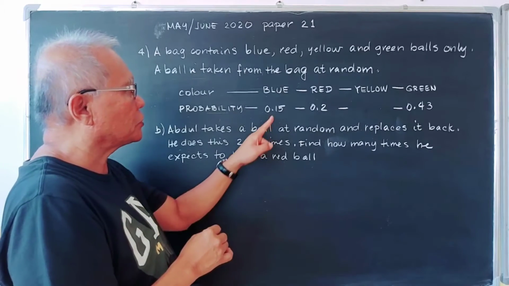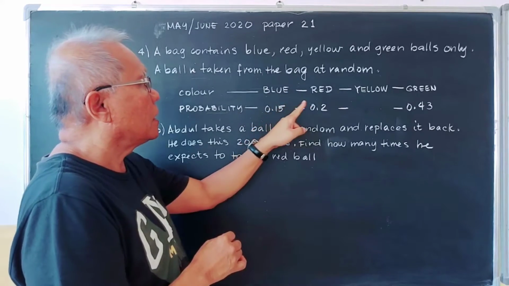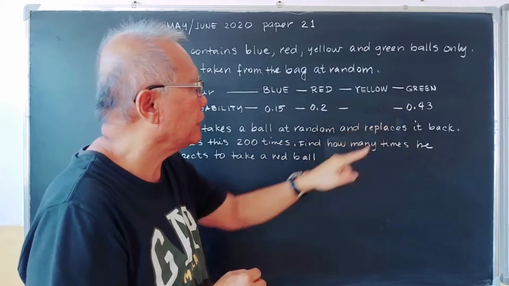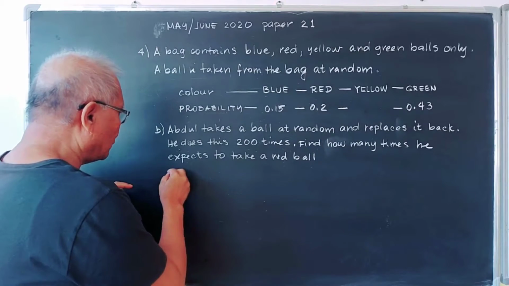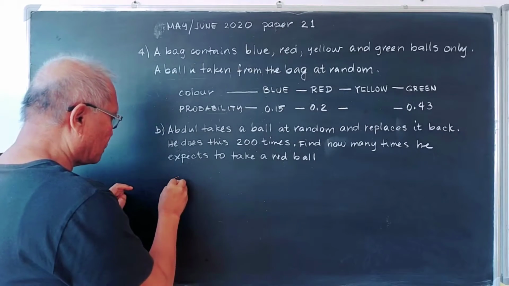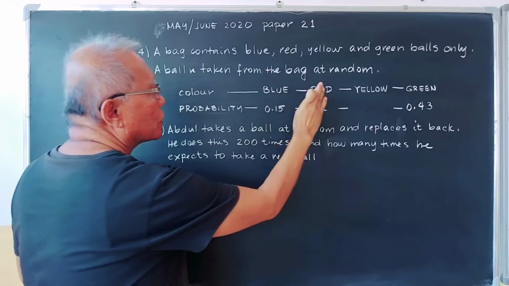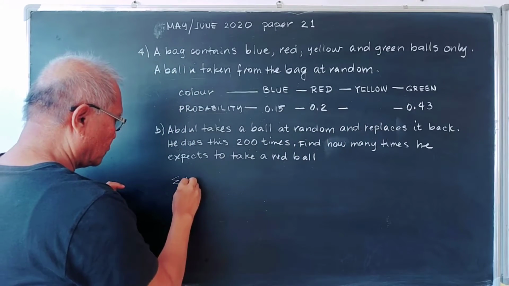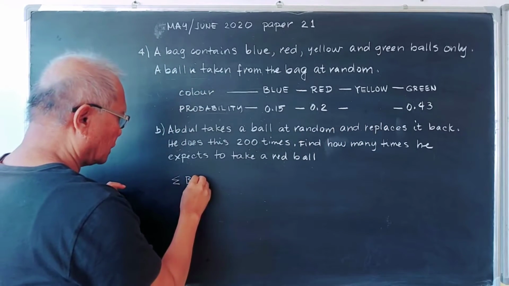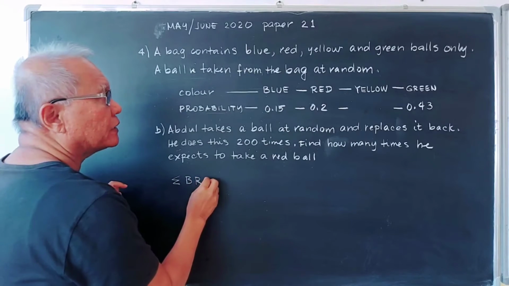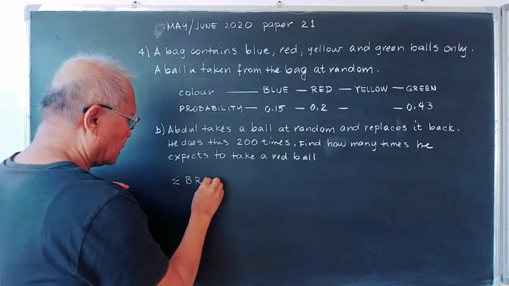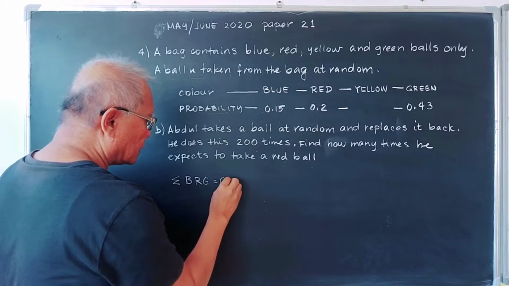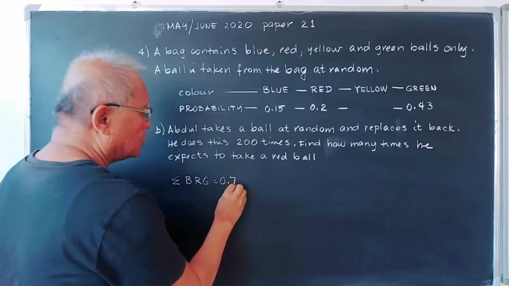So first we add 0.15 plus 0.20 plus 0.43, the sum of the blue, red, and green probabilities.